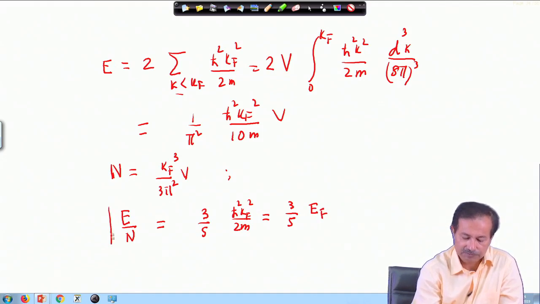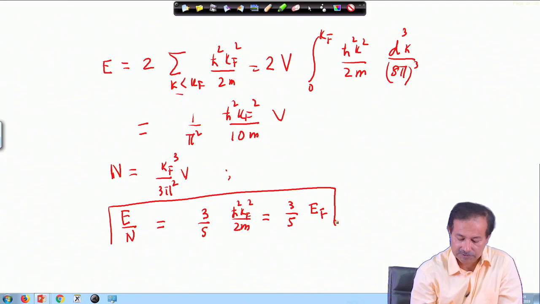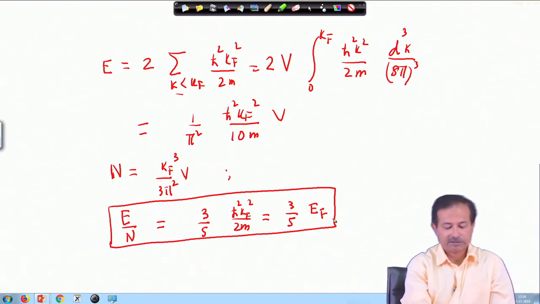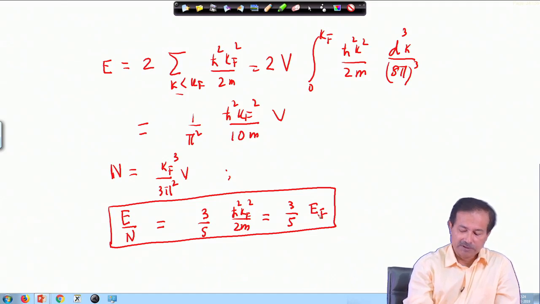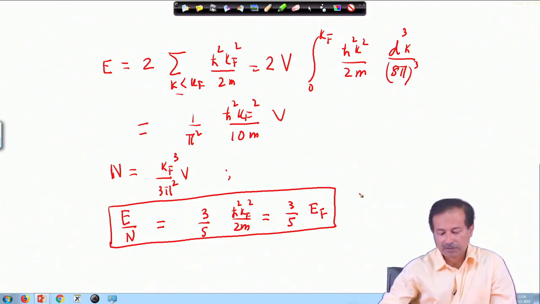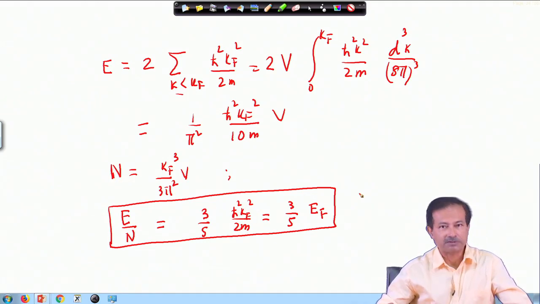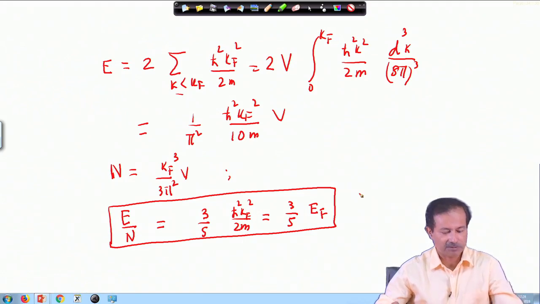So, this is a very useful relation. This tells you the average energy per particle is 3/5 of the Fermi energy of the system.